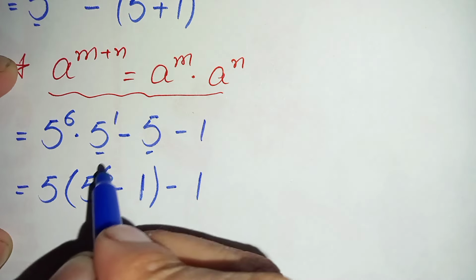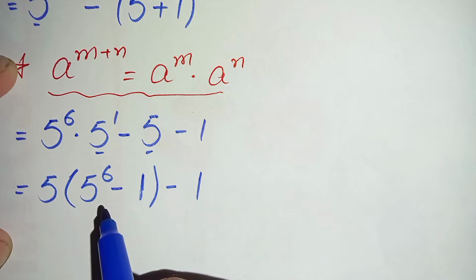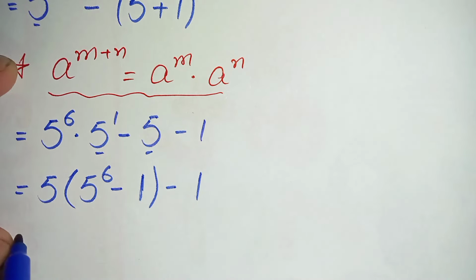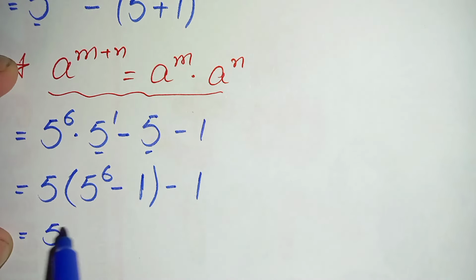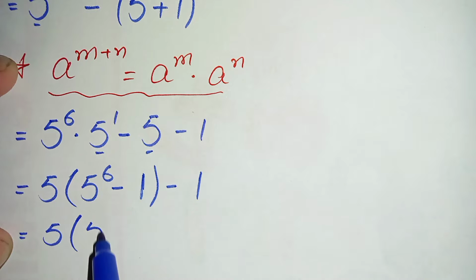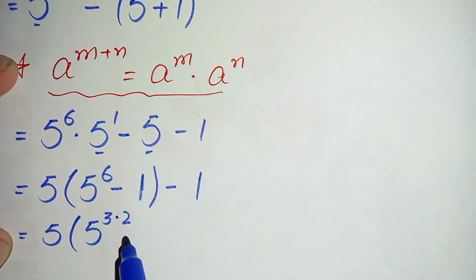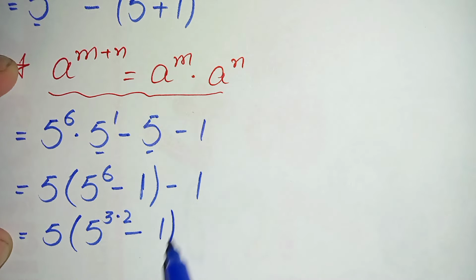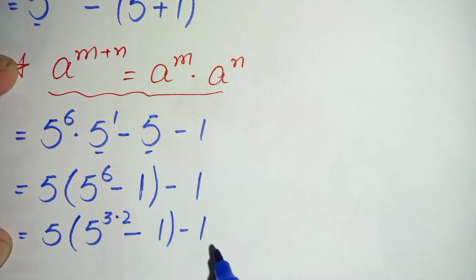Now in the next step we will factorize this power 6 to the product of 3 times 2. So this will become 5 times 5 raised to power 6, and 6 is the same as 3 times 2, minus 1 minus 1.